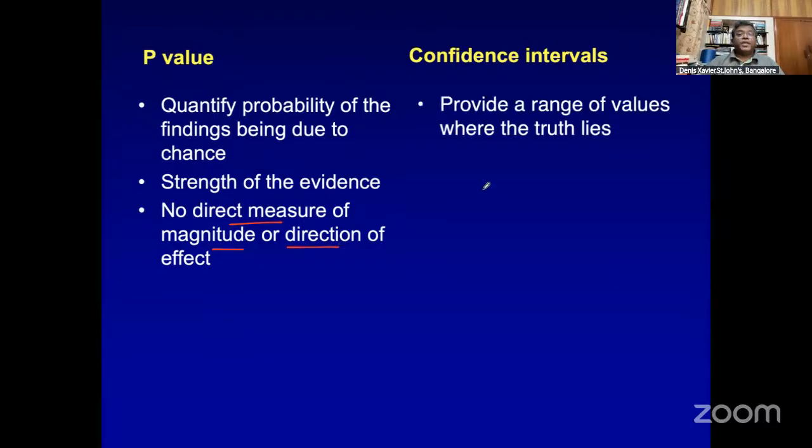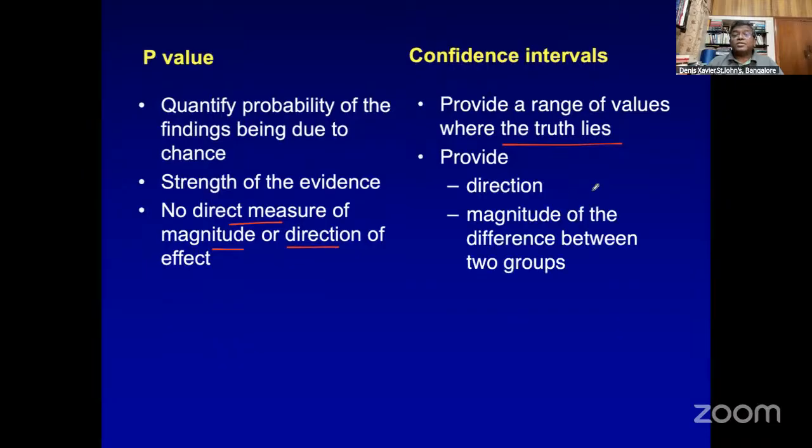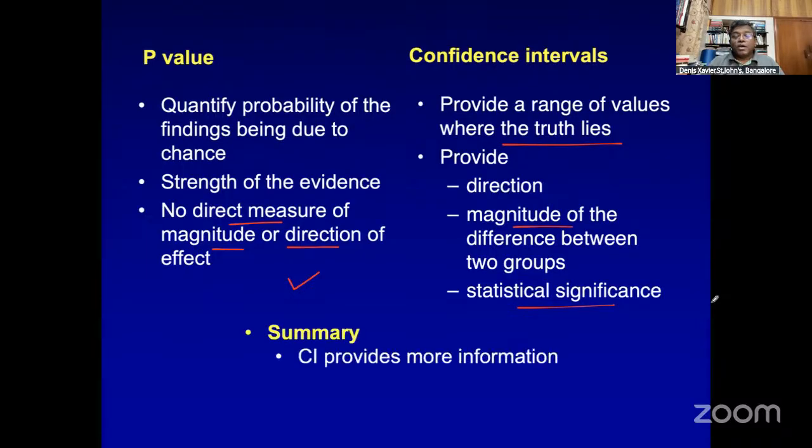Now, therefore, let's look at confidence interval. Confidence interval provides a range of values where the truth lies. It provides direction. It provides magnitude of the difference between the two groups, and it also gives you statistical significance. Here also you get statistical significance, but here you are clear about statistical significance as well. So in summary, confidence interval provides more information for you, and always look for that.